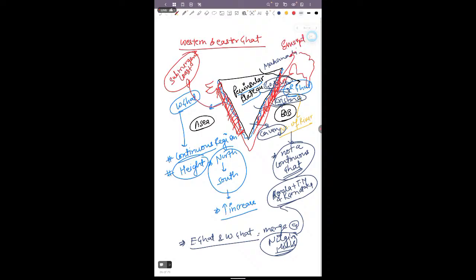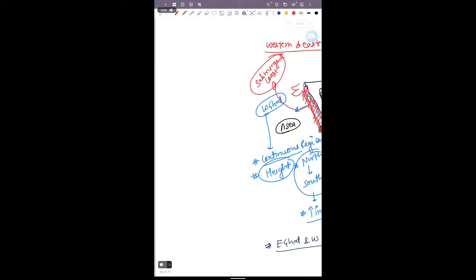It is an emergent coast because when the Western Ghat got submerged, the eastern side of the region emerged and came out from the Bay of Bengal, the sea region, and that's why it is the emergent coast, while the Western Ghat is the submergent coast.